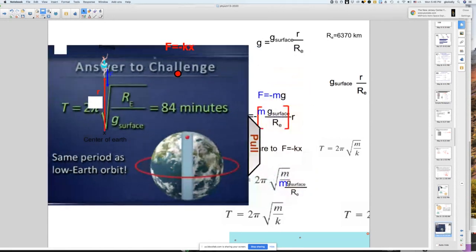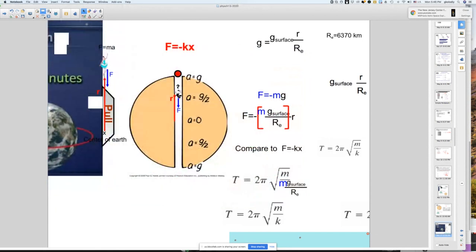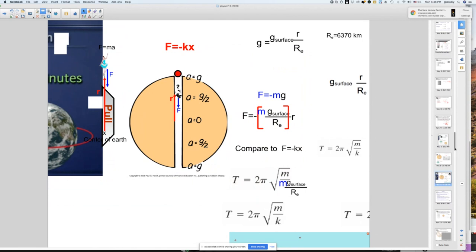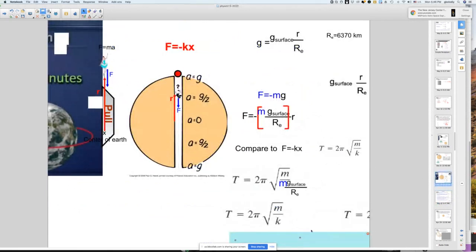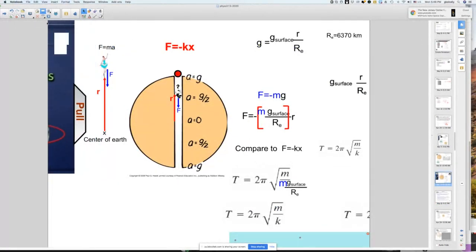Guess where you've seen that before? You've seen it in orbital motion.